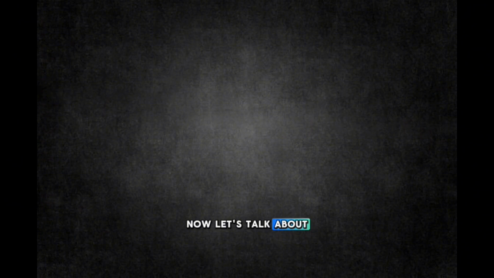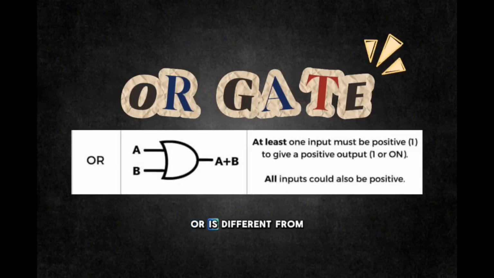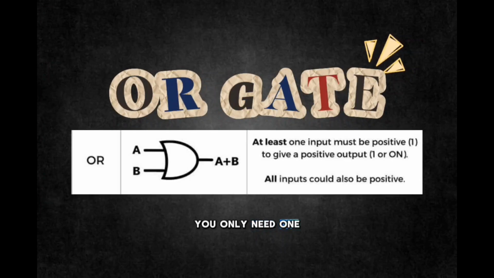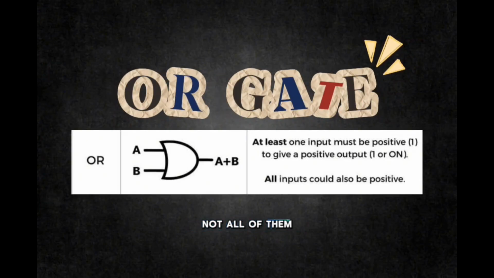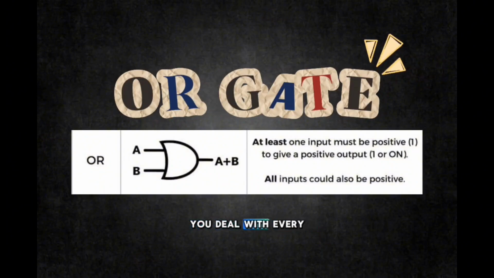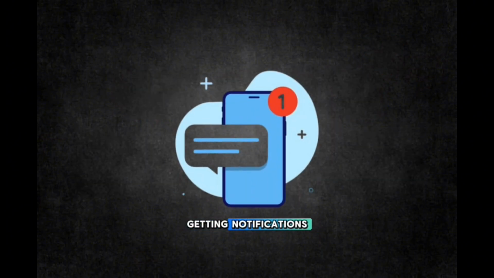Now let's talk about the OR gate. OR is different from AND gate, because with OR, you only need one condition to be true, not all of them, just at least one. Here are some examples you deal with every day. Getting notifications.